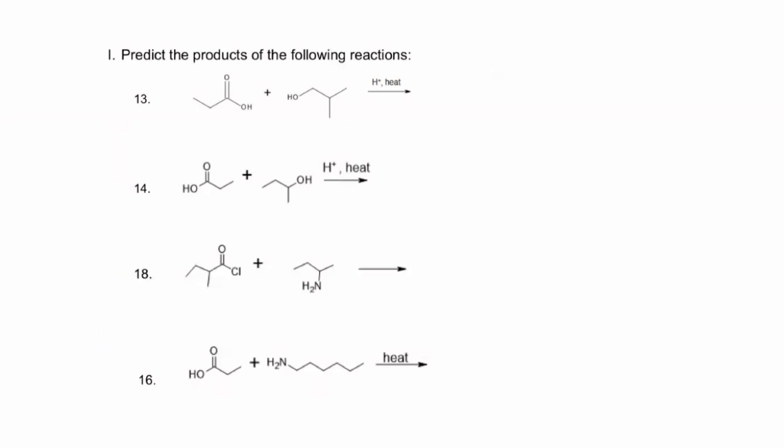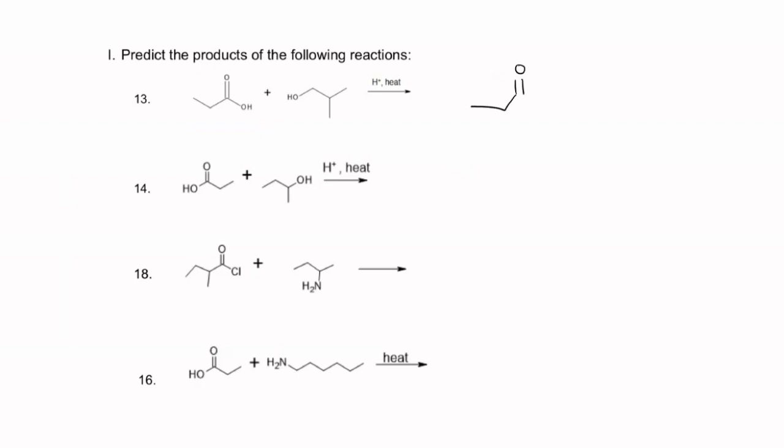Let's proceed. In reaction 13, the way that I write my ester is that I'm going to draw my molecule up until the carboxylic acid. That means that this carboxylic acid, which is propanoic acid, I'm going to draw the double bond to oxygen, and then I'm going to draw whatever was on the R group of the molecule.